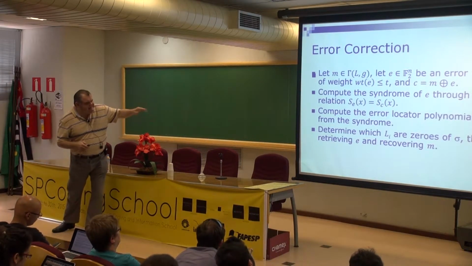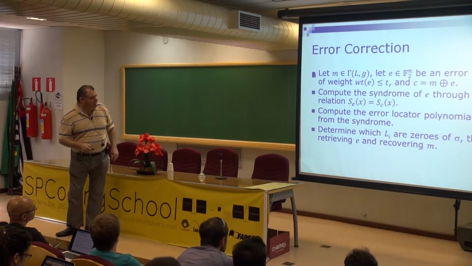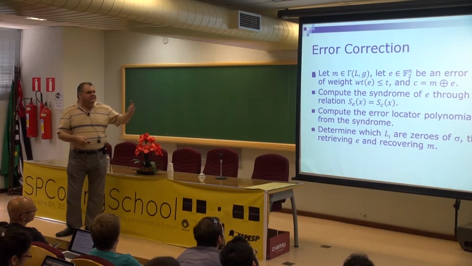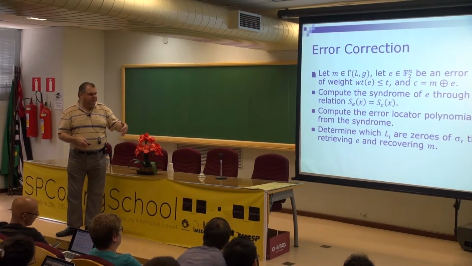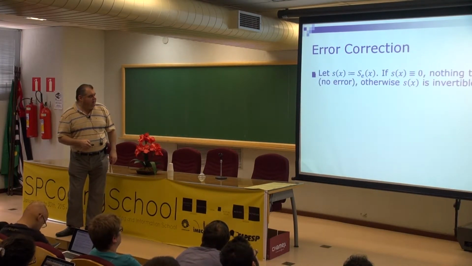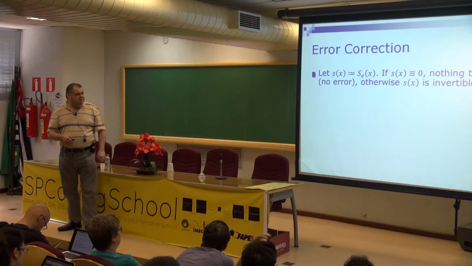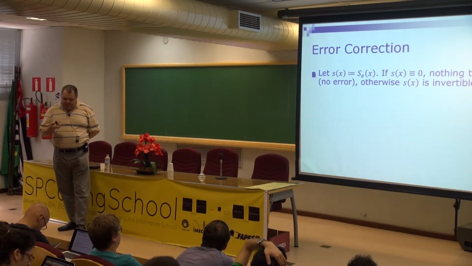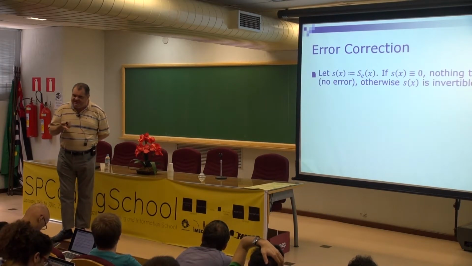Well, this is a summary of how we correct errors. So we have to compute the syndrome, then compute the error locator polynomial, and then fix the errors. So let's see. We have a given blurry code word. We compute the syndrome.